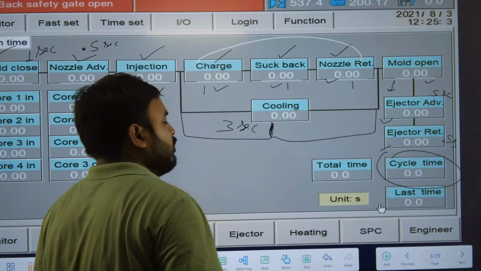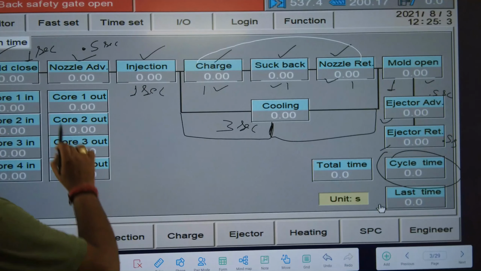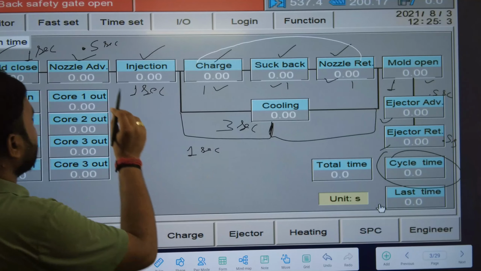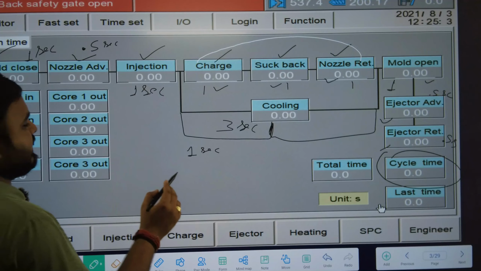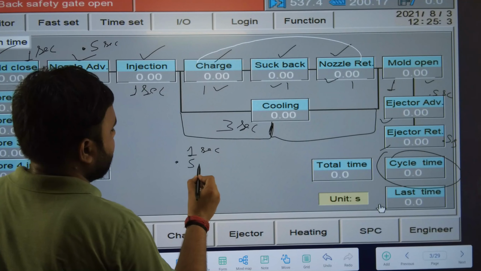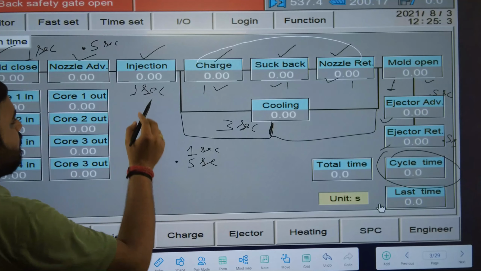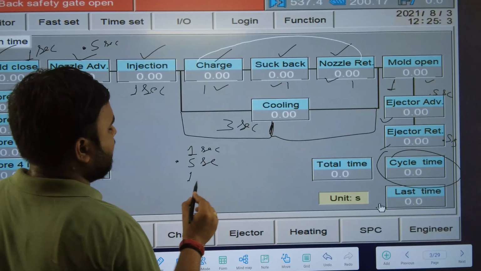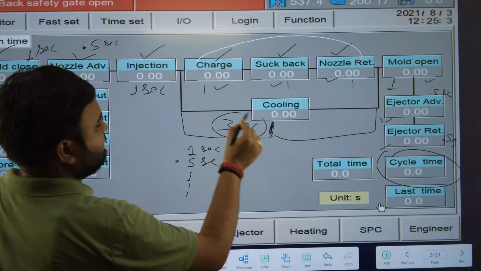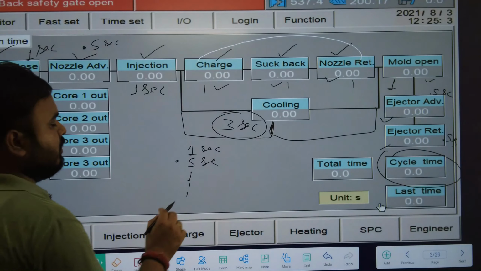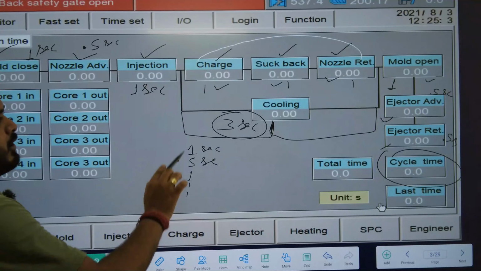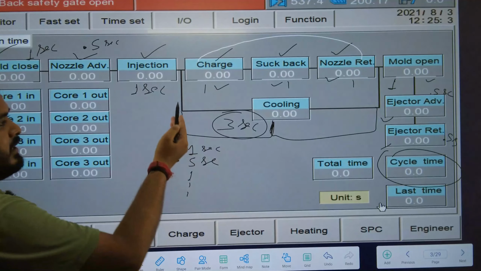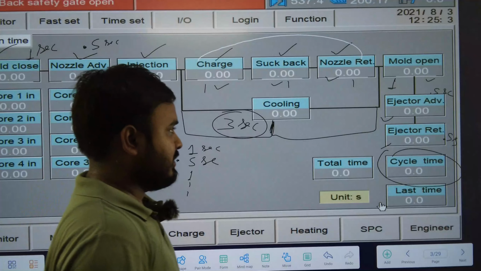And now I am going to calculate the entire cycle time. First, mold closing is 1 second, nozzle advance 0.5 second, and injection 1 second. Charging 1 second, suck back, and nozzle retract all add up to equal this 3 seconds of cooling time. So I will not write the cooling time here, because this cooling time has already been counted inside these three sections.